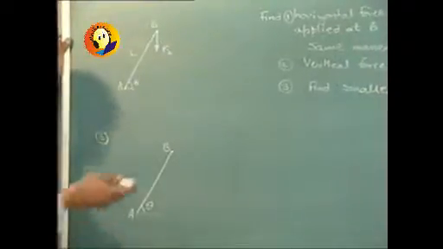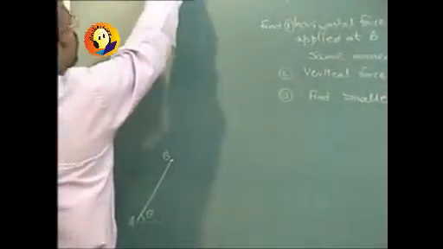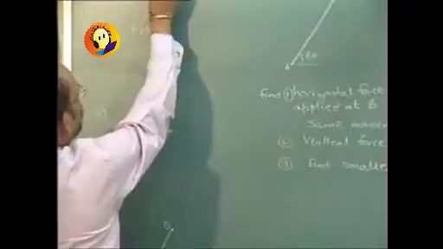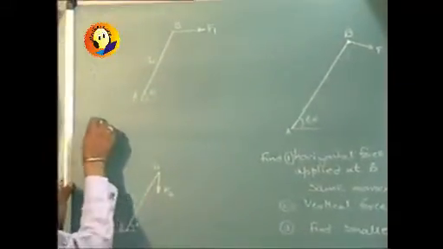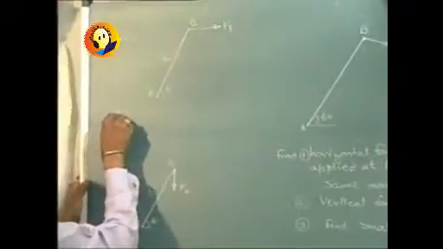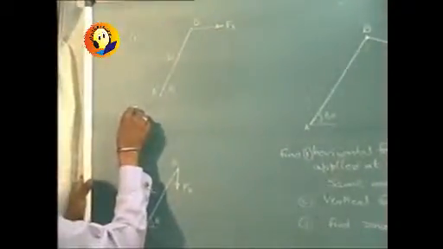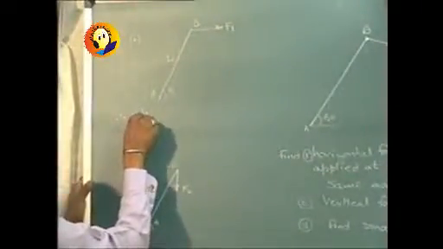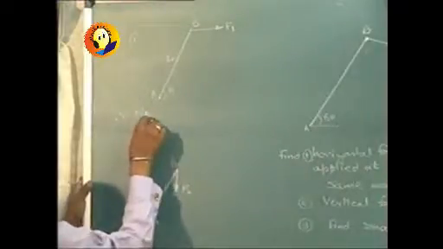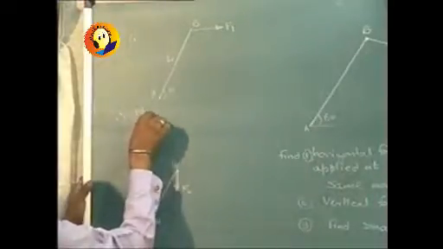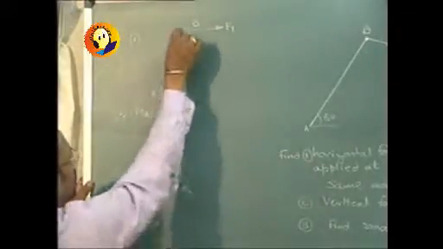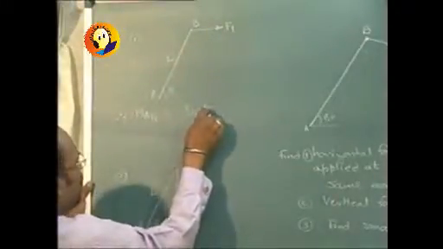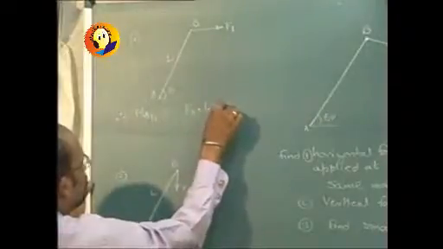Now the first problem can be very easily solved because the force is horizontal. The moment will be taken by considering the vertical distance, and therefore we can say that the moment about A of this force F1 will come out to be F1 into the vertical distance, which is L sine theta.